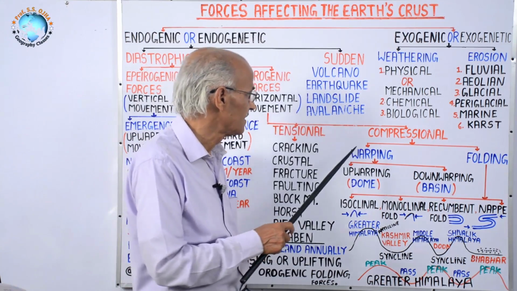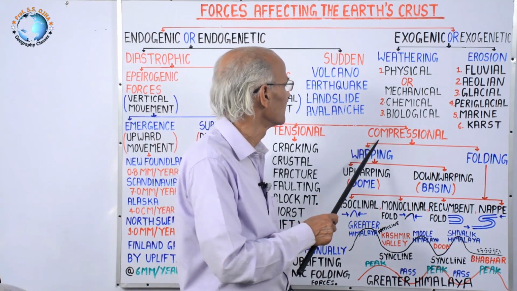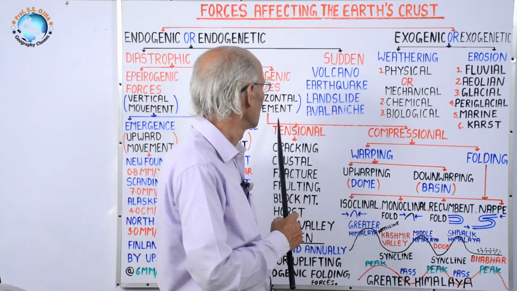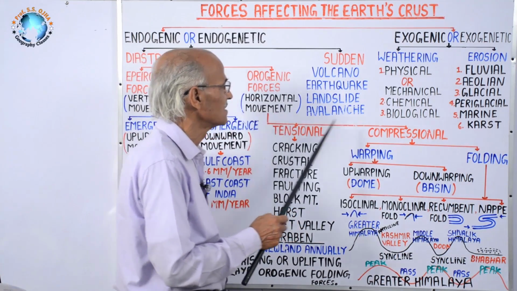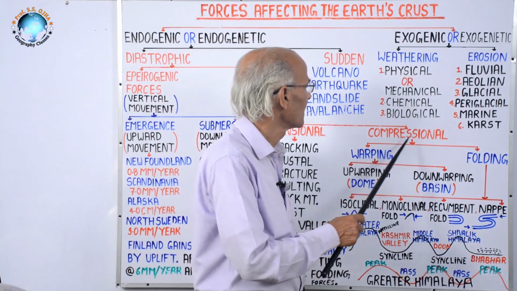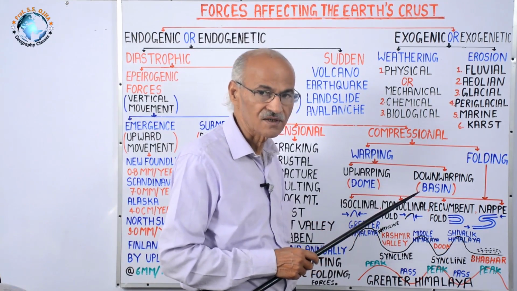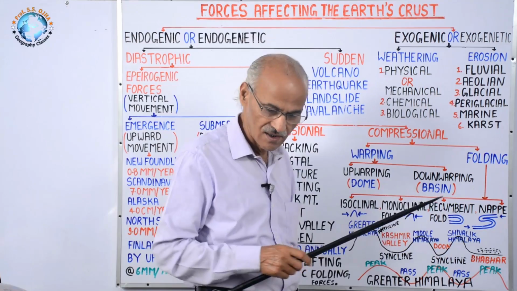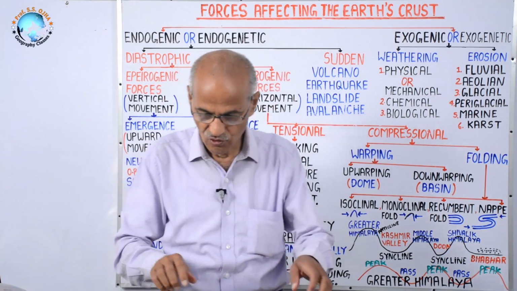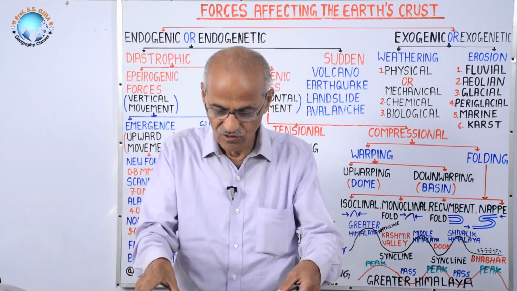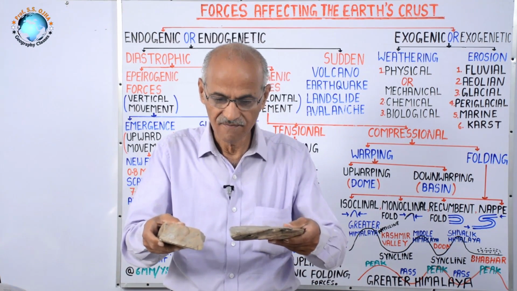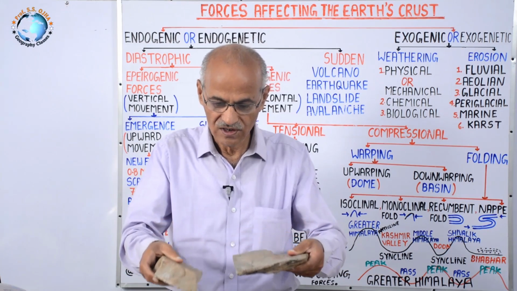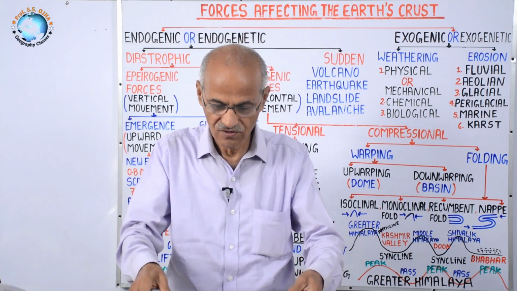That's why this is the second part of the horizontal movement, meaning the orogenic process. The second part is called compressional. Here compressional forces are working. In compression, when two plates or two parts of land are coming closer, then in between the two there may be two things.